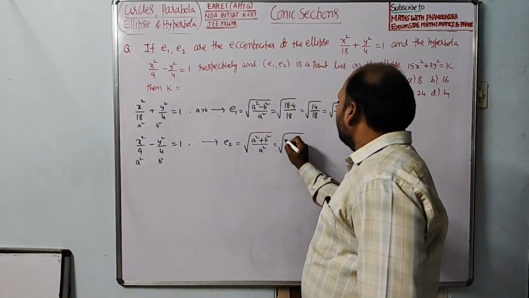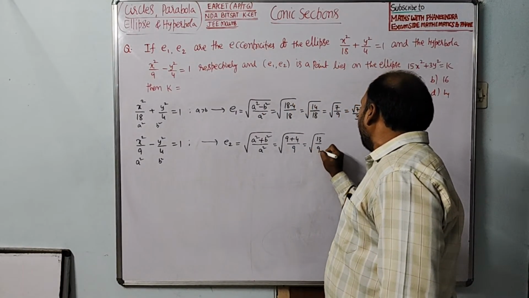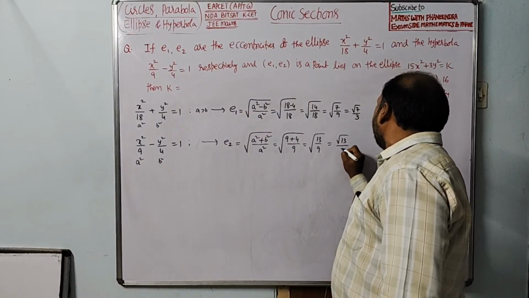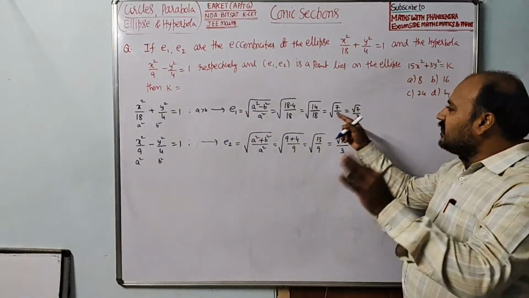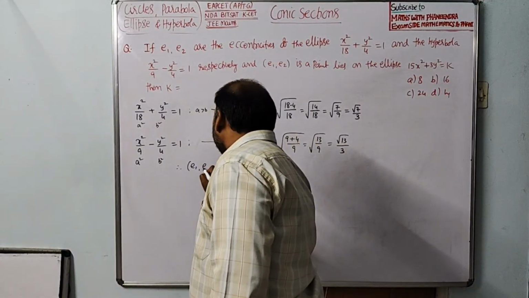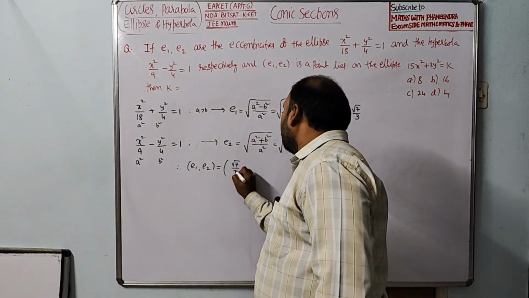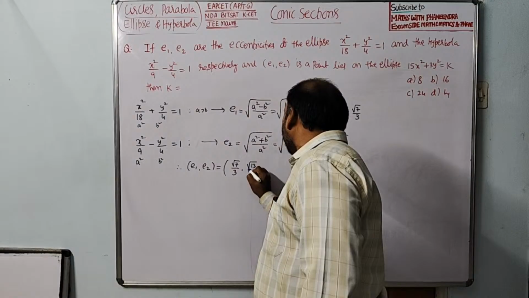So root over (9 plus 4) divided by 9, which is equal to root 13 by 9, which is equal to root 13 divided by 3. So we got e1 and e2 values. Therefore e1 comma e2 is equal to root 7 by 3 comma root 13 by 3.